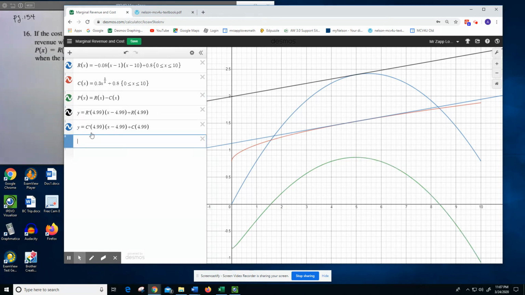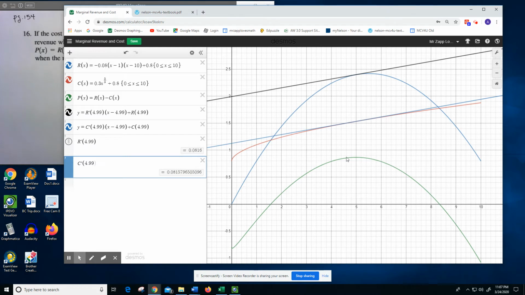So here, let's find r prime at 4.99. Okay, and we get 0.816, and then here the derivative of cost at 4.99, and we see we get pretty much the same value.